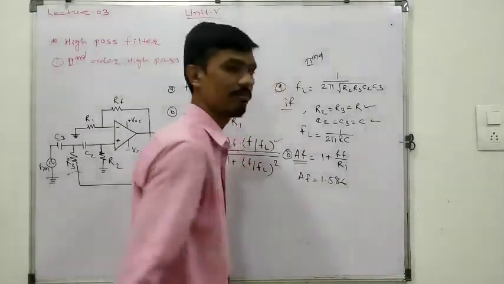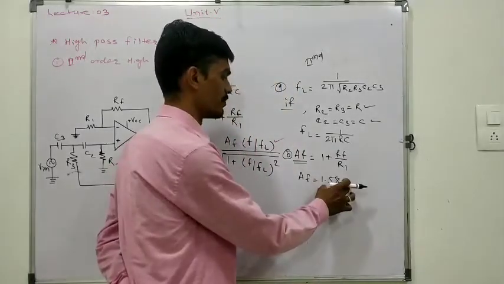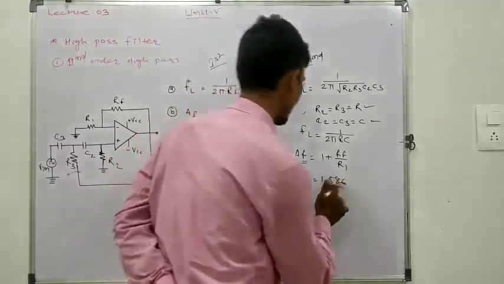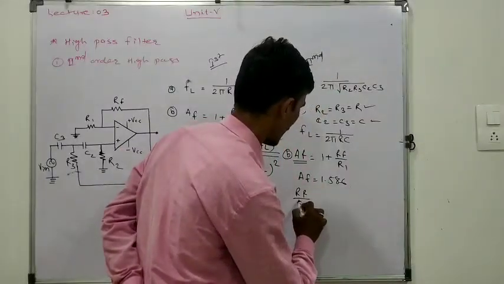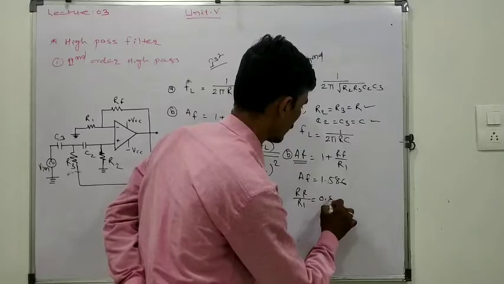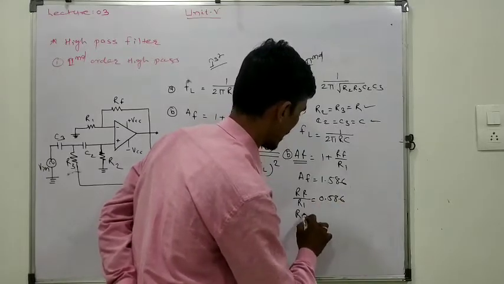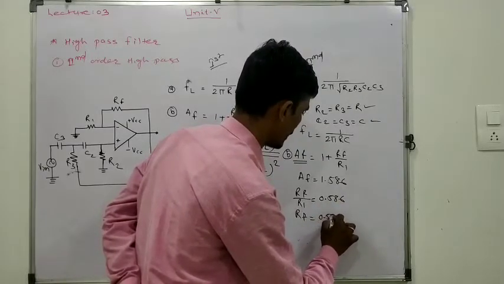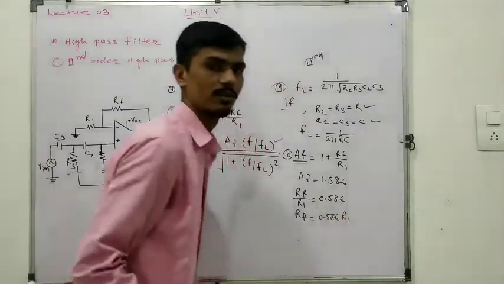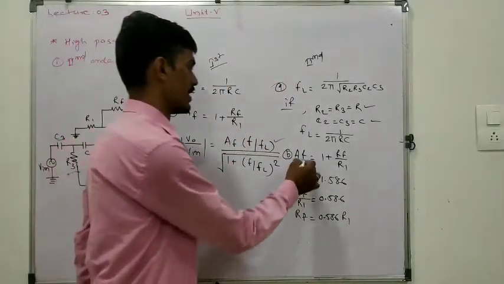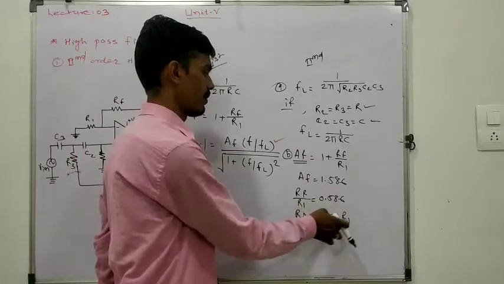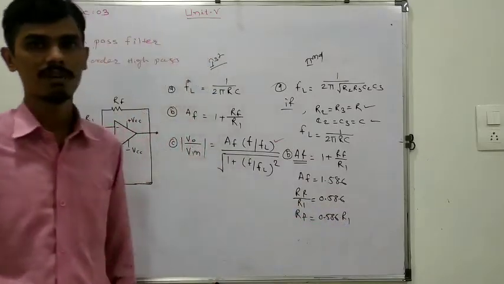With this, we get the ratio RF by R1 equal to 0.586. So RF is equal to 0.586 R1. This is the formula for AF. By using this formula, we can easily design the values of R1 and RF.